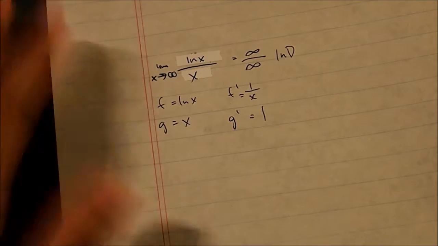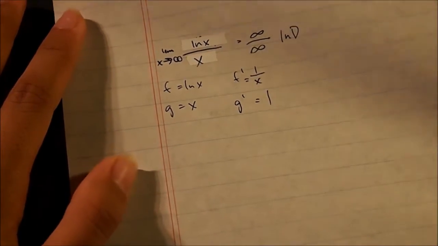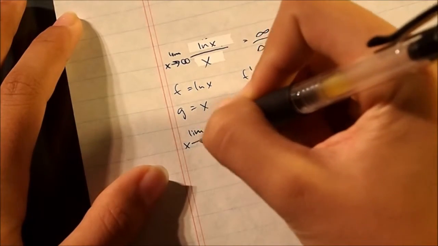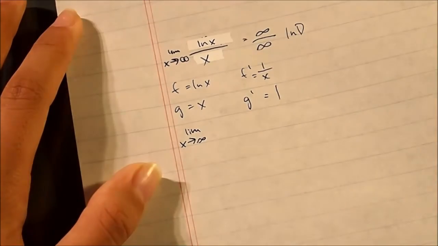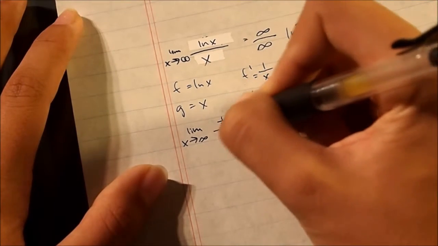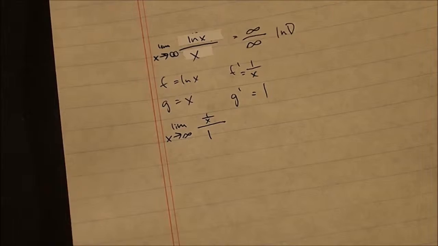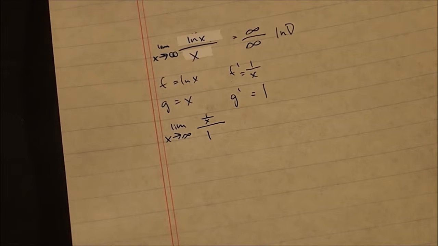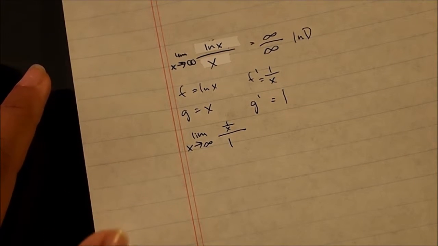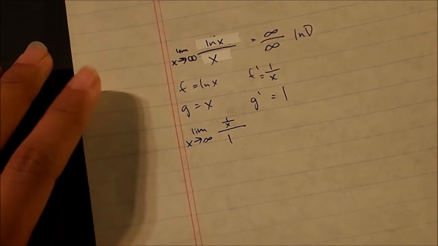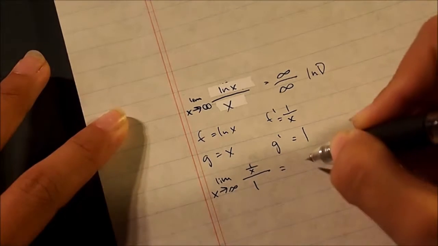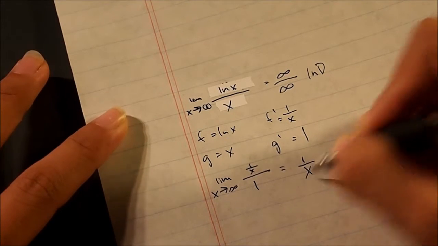So now we are going to write the equation. The limit as x approaches infinity of f prime, which is 1 over x, over g prime, which is 1. And that gets you 1 over x.